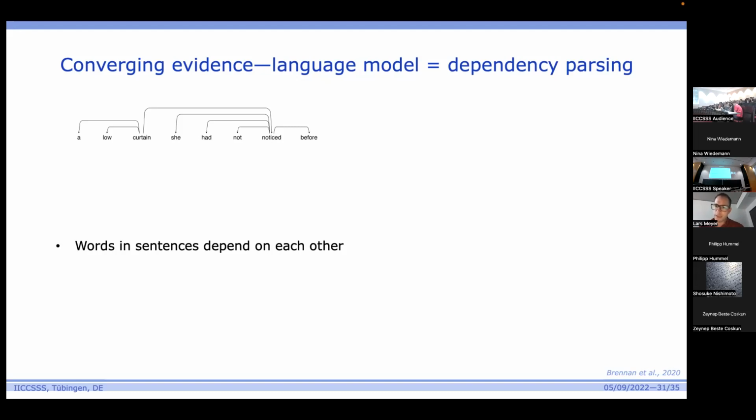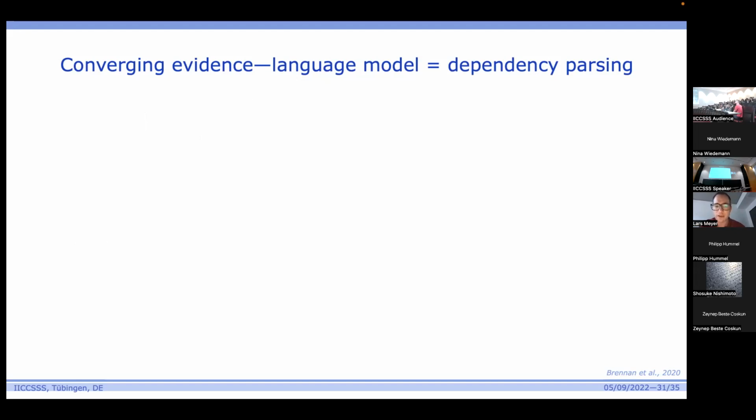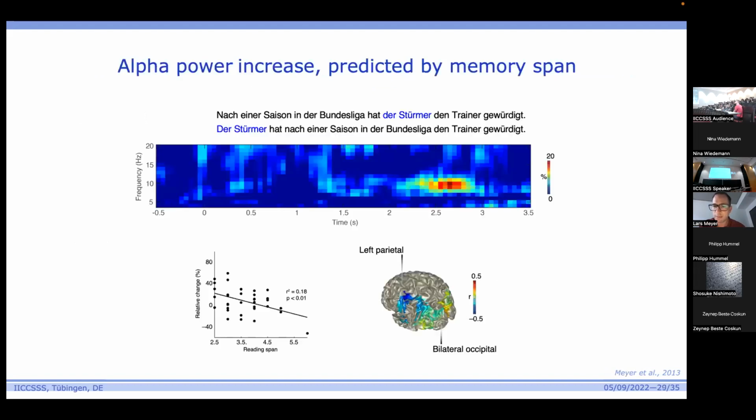And so we should be able to use this and see whether there's brain activity that is parametrically modulated, because we can count the number of these dependencies. We would think that if there are multiple dependencies, the memory labor should even increase. Look at this point in the sentence, we have 4 dependencies in parallel. And if that doesn't drive alpha, then I don't know. Then my previous study is just wrong. It can't be true then.